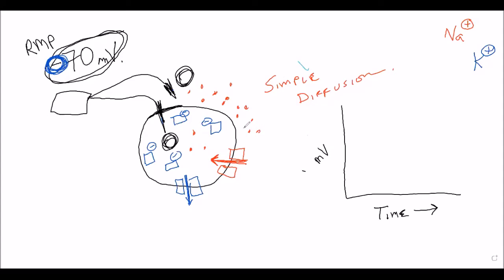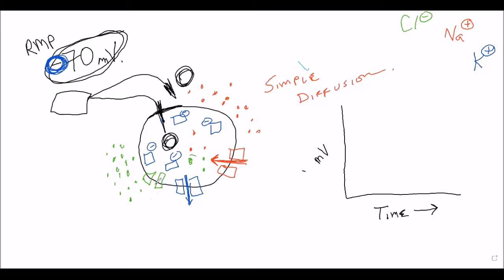It's the same concept. This is getting really busy. So chloride will be, let's say, green, and it's negative. We have more chloride on the outside than we do on the inside. And if we have chloride channels, would we expect the chloride to go into the cell or out of the cell?